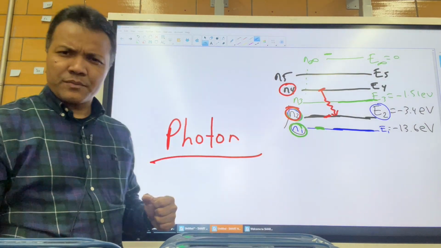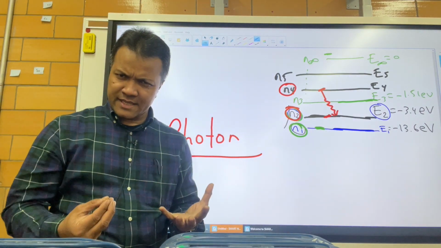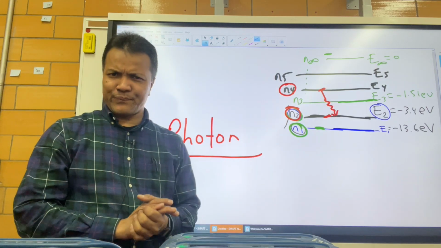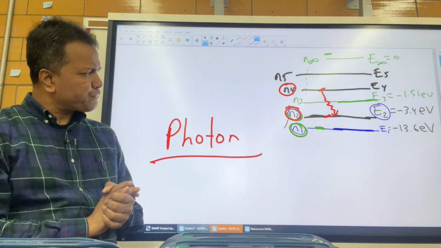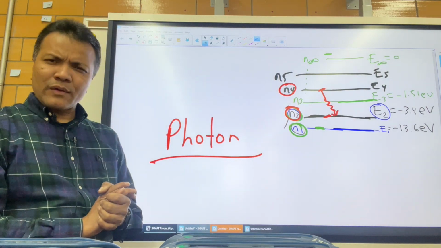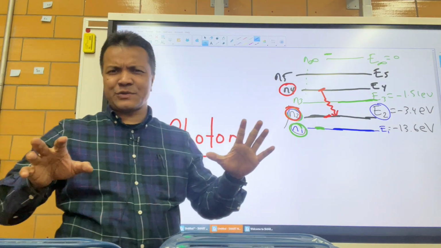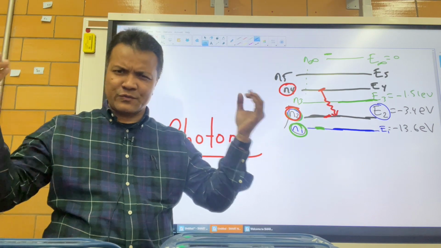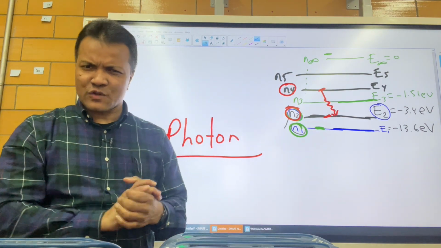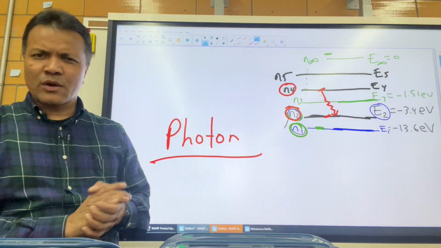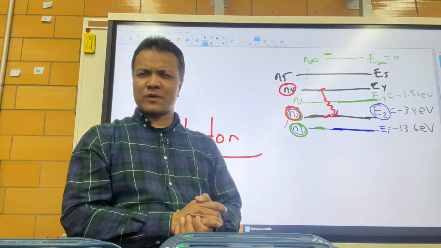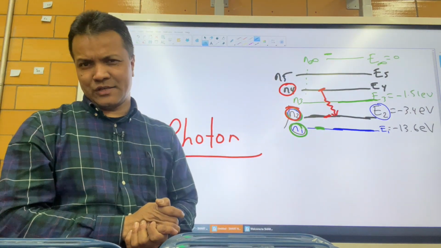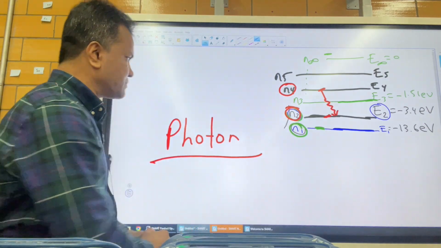All right, now we understand that the electron can jump down this way. When it jumps down, it loses the energy. When it loses the energy, it releases the photon. When it releases the photon, we perceive that as light. Now, what type of light does it create when it jumps from N4 to N2? Let's find it out.